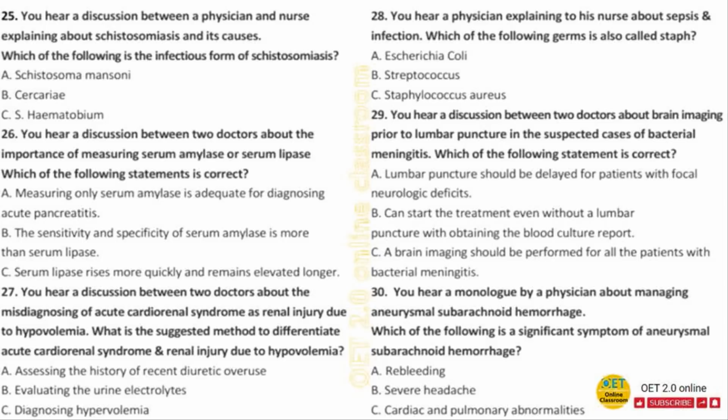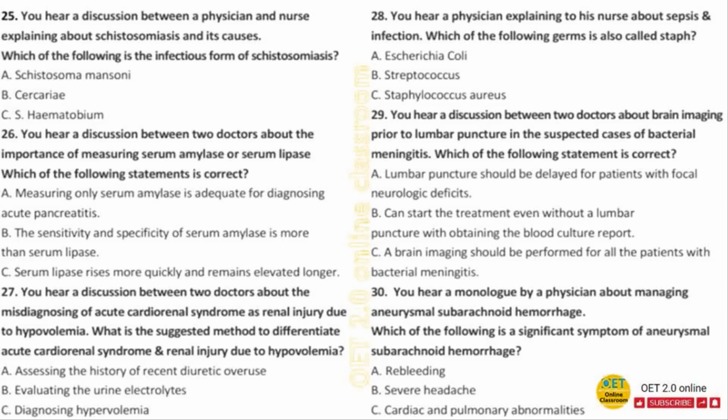Urine electrolytes suggest a pre-renal acute kidney injury in both of these conditions. However, a history of recent diuretic overuse or recent fluid losses may help identify hypovolemia. If available, analyzing the recent trend in weight will be essential in making the right diagnosis.